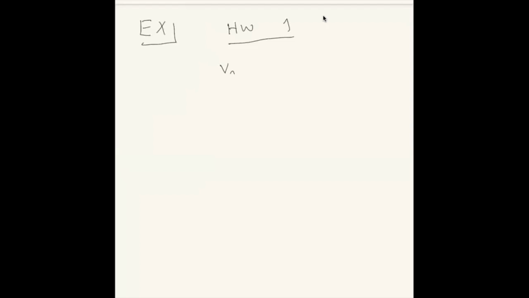Suppose Vn are vectors in Rd. You have a sequence of vectors in Rd, and the norms of Vn are summable, so it's absolutely summable.